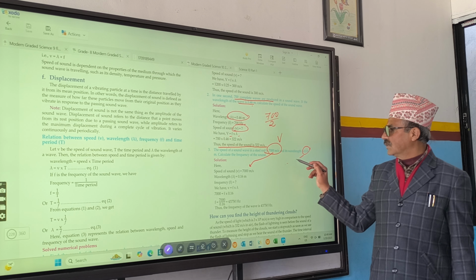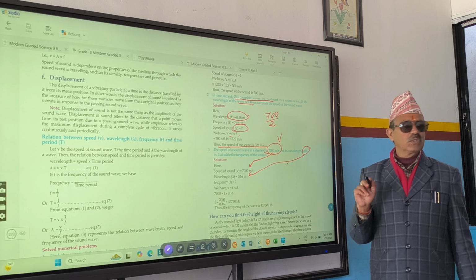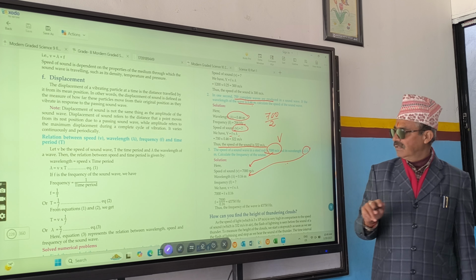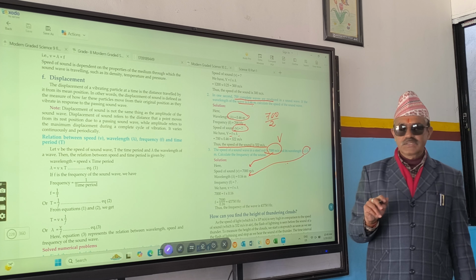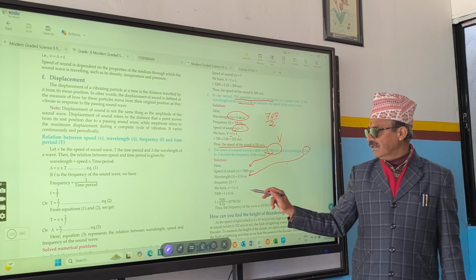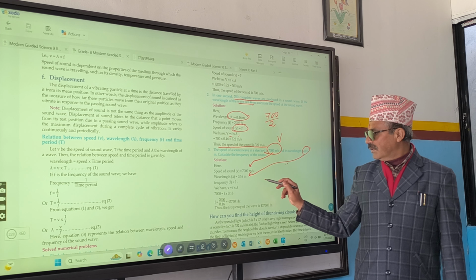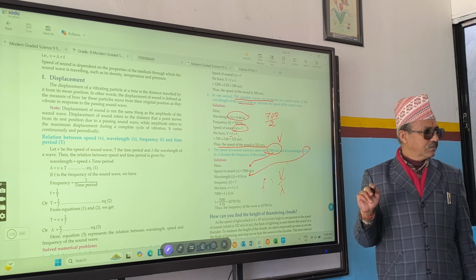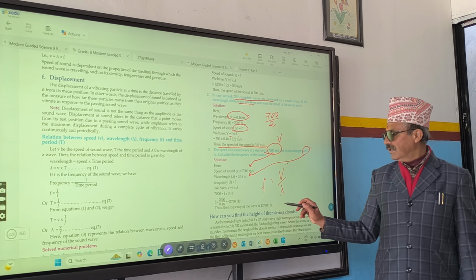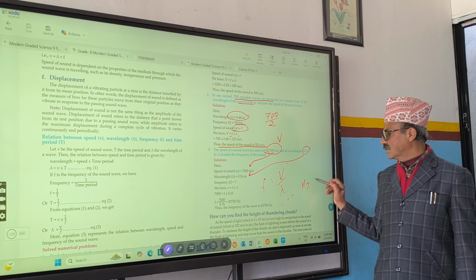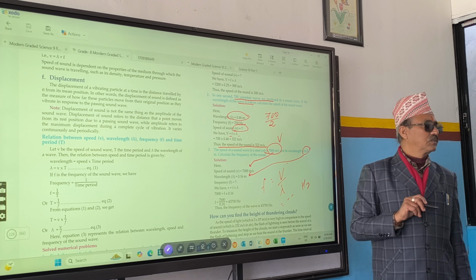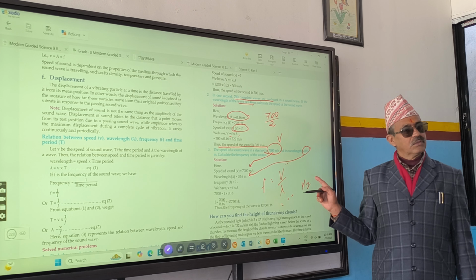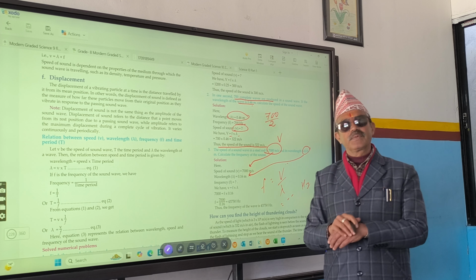And 0.16 is the wavelength, lambda. What to calculate? Frequency. And what is the formula? F equals V by lambda. Whatever answer comes should be written in hertz. Okay, up to here we have done today.